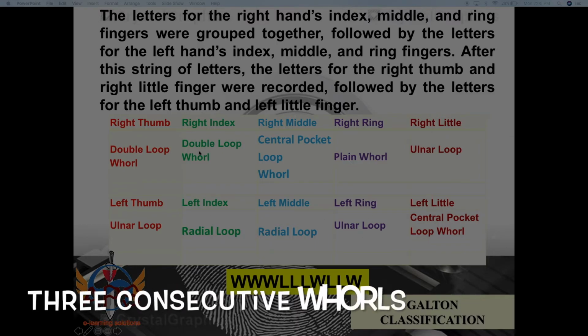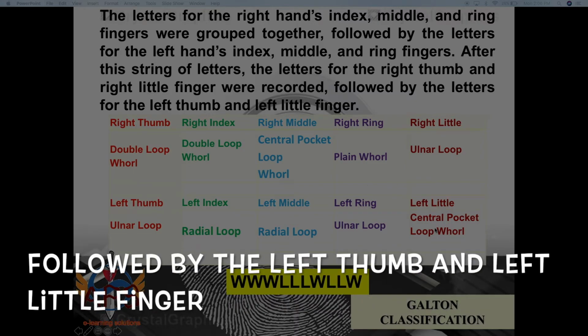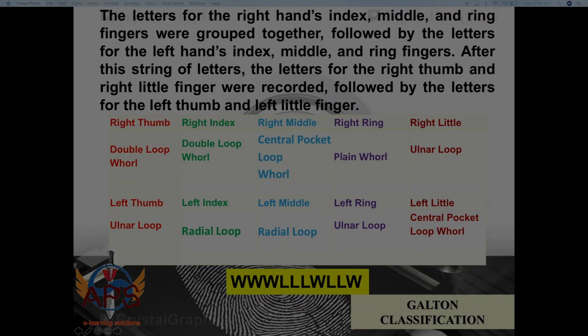Hence we have here W, W, W, and we have here loop, loop, and another loop, so L, L, L, followed by the right thumb and little finger, the left thumb and the left little finger. So that's how the Galton system works. As simple as that.